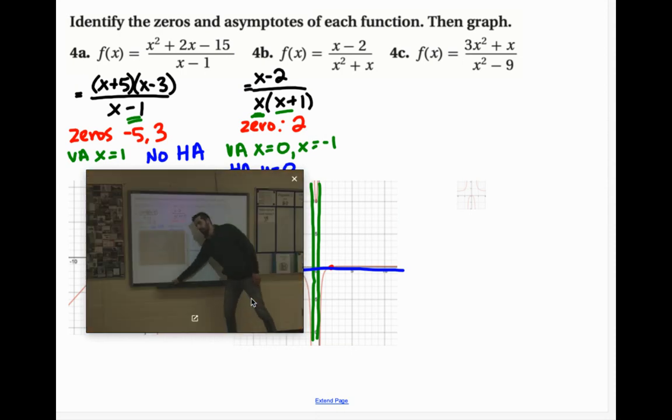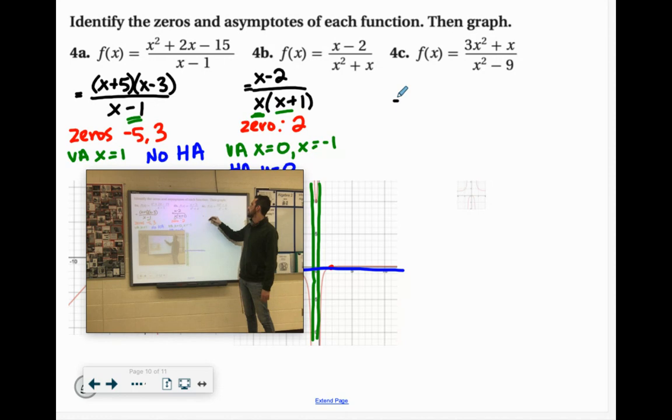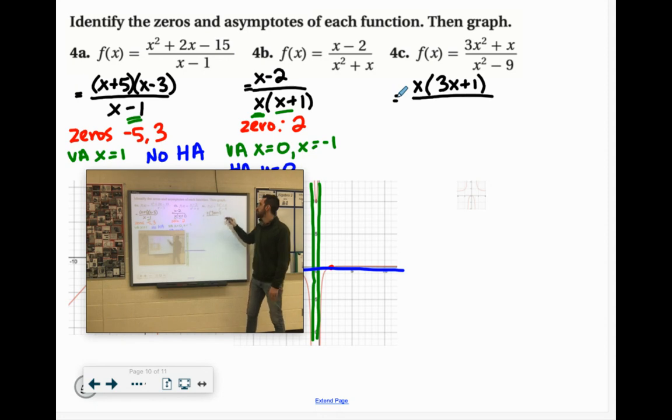There we go. And the last one, if we were to factor this, we'd have 3x squared plus x. We can factor out an x, which would leave us with 3x plus 1. The denominator would factor to x plus 3 times x minus 3.